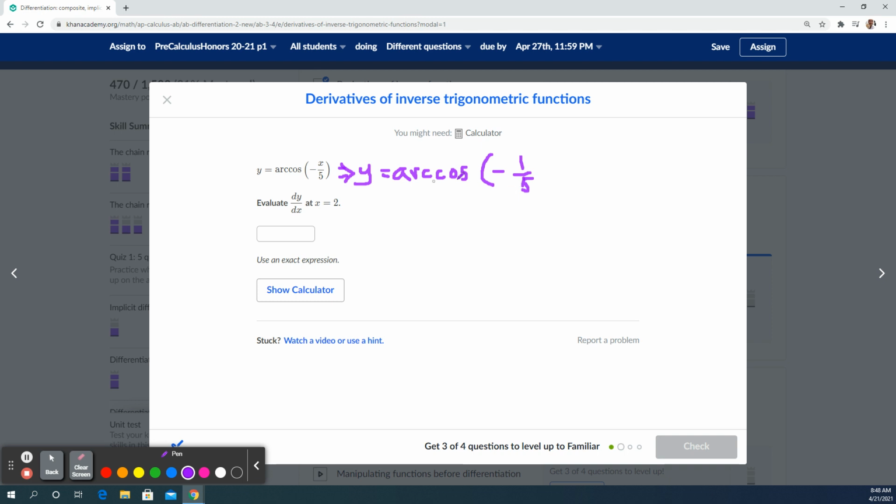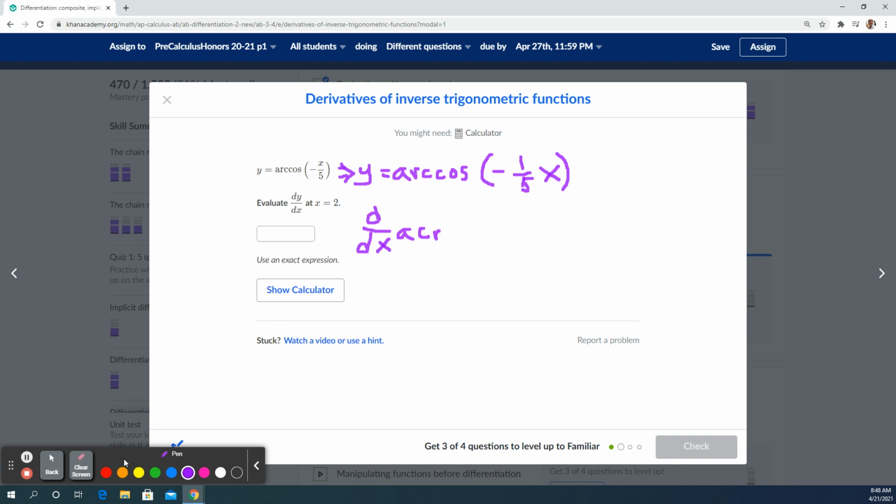So there's the 1/5 out in front, and we still have our x, and that just makes it a little bit easier to apply our derivative. All right, and then like I said, we want to think about the formula for arc cosine. Do you remember from what I said? Let's write it out and try to do it from memory, and we'll check our work.